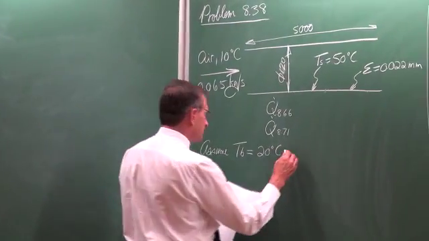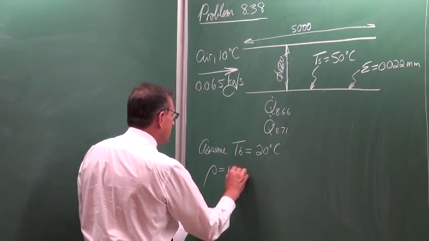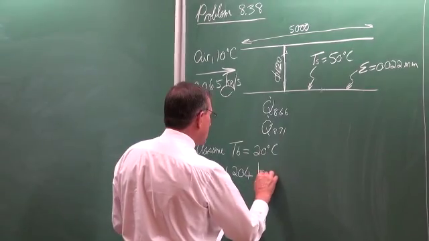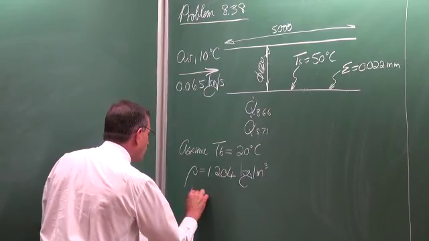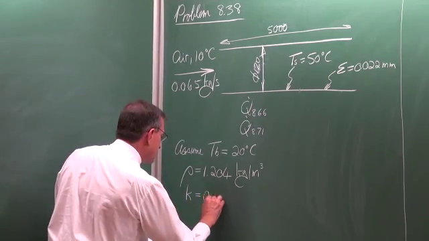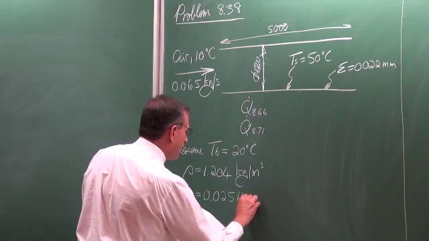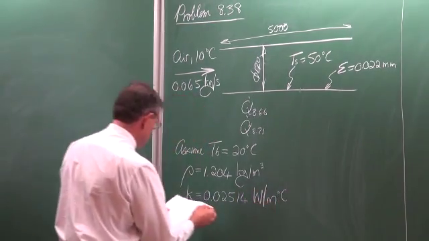And at 20 degrees Celsius, in the tables we can get the properties. Density is equal to 1.204 kilograms per cubic meter. The thermal conductivity k is equal to 0.02514 watts per meter degree Celsius.